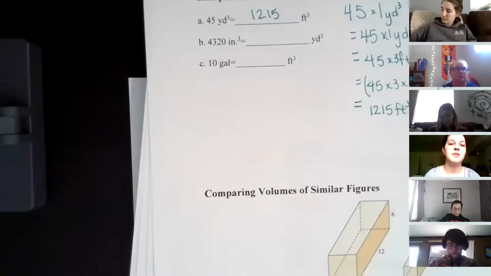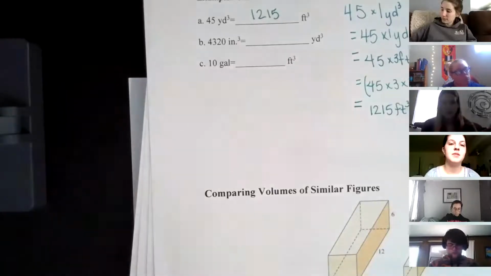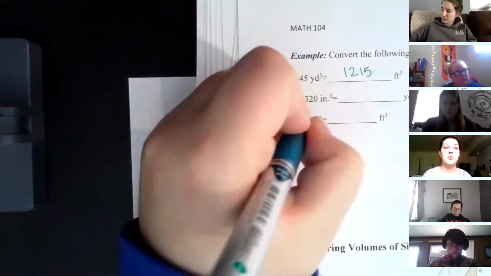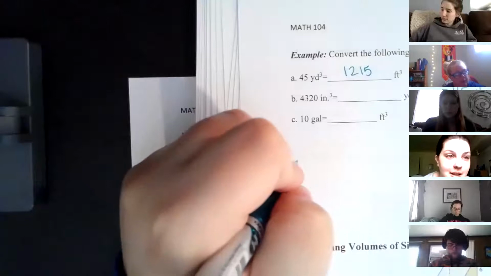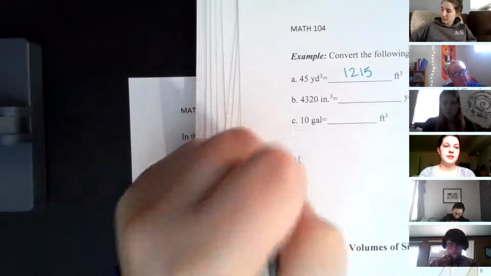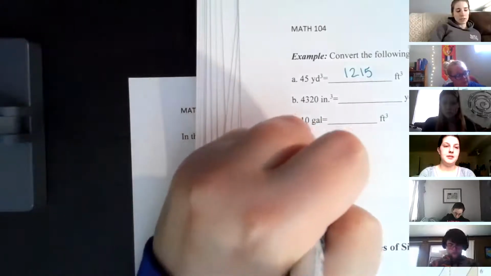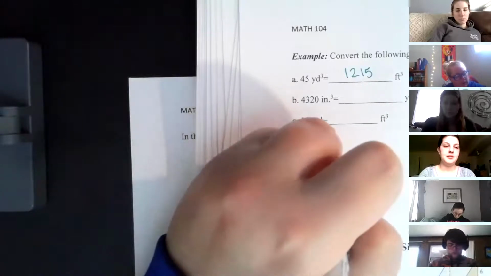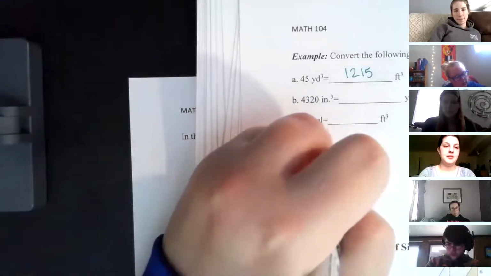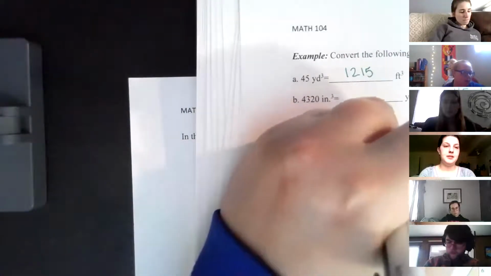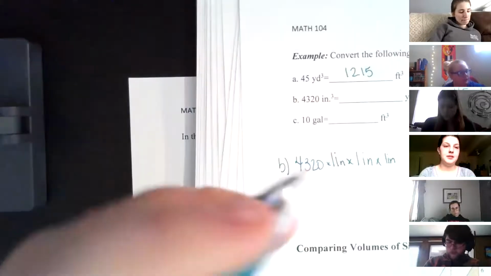Well, I was thinking it would be like 36 inches because that's how many inches are in a yard. Is it 1 over 36? It's way, way less than 36. Okay. I did 4,320 times 1 over 36 times 1 over 36 times 1 over 36. Is that wrong? So this would be 1 inch times 1 inch times 1 inch.